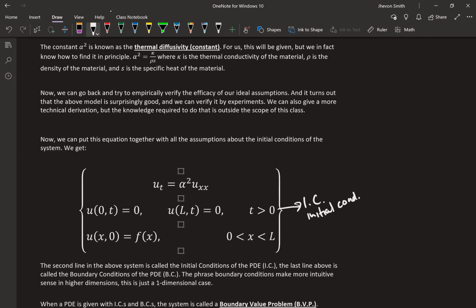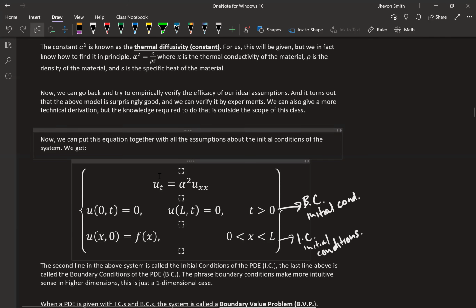I actually think this was the other way. This is the boundary conditions, and this is the initial conditions. So that's a typo here.